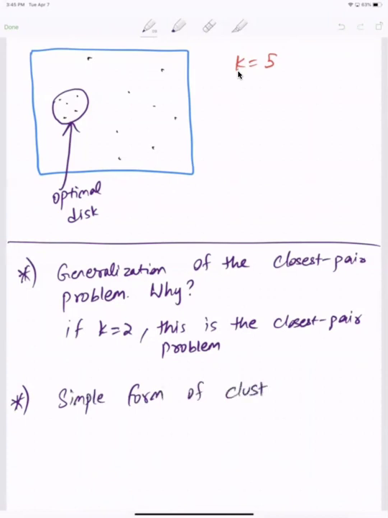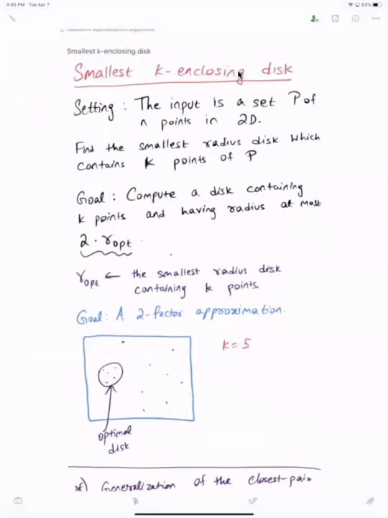You just want one cluster where the points are very close to each other. So these are some things which make this problem very interesting. And in general, from a geometry and algorithms point of view, it's a very fundamental problem to ask. Okay, let's move on.